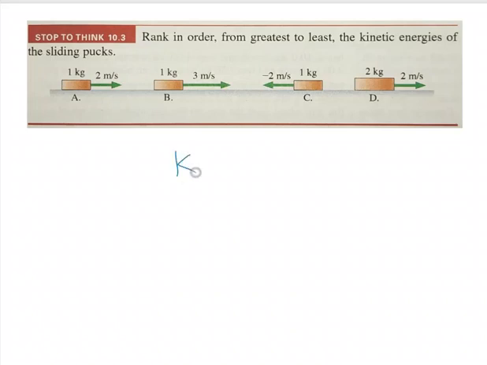Okay, you guys are catching on. 1/2 mv squared. How does this help us? Well, if we know the mass, we can just plug everything in. The velocity is going to be the most important part. So B is probably going to be first because the velocity is being squared.